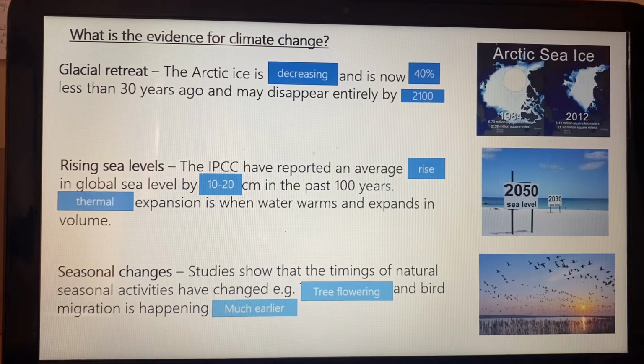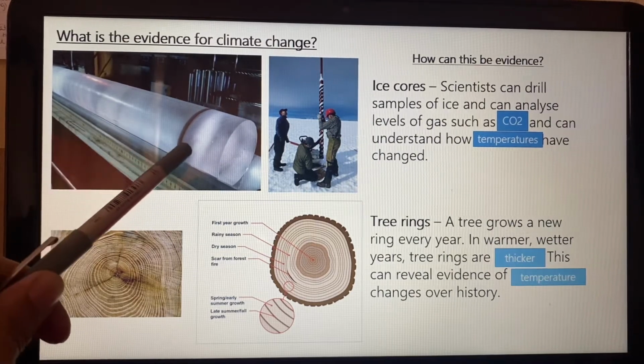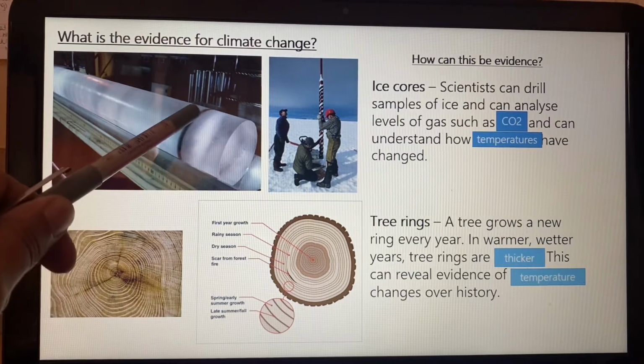Evidence of climate change is also extracted in other ways. You could argue the ice cores over here, looking at this ice core, give you different time periods of the world. Maybe this darker line on the ice core is a much more industrial period.